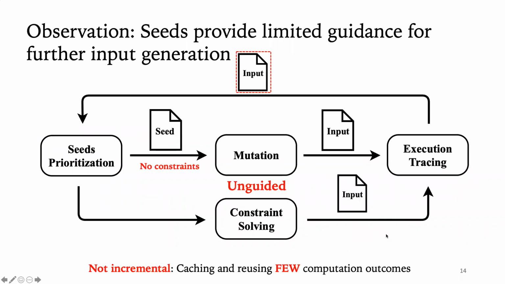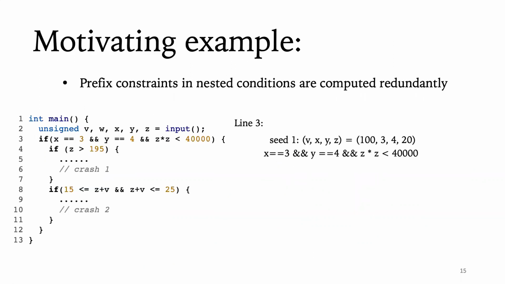The second problem brought by this non-incremental issue is redundant computation in constraint solving, which needs to solve the same constraint again. Using the same example as illustration, after fuzzing reaches another uncovered condition at line 8, nested in the previous one at line 3, fuzzing applies the constraint solver again for another feasible seed input.